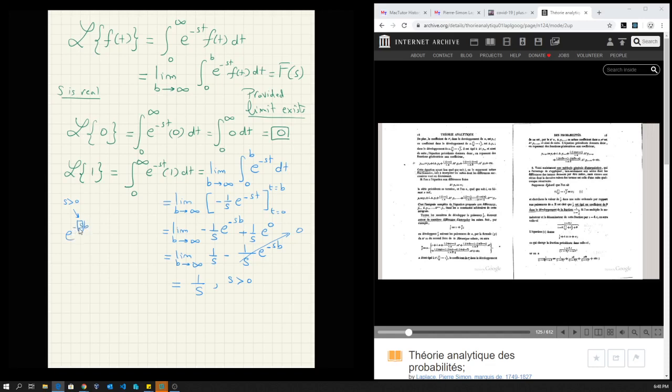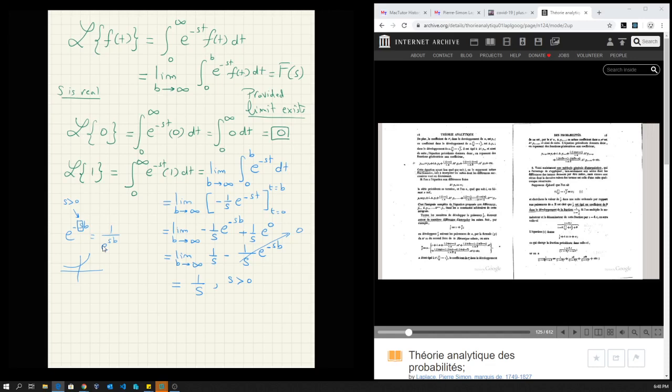And e to the negative infinity is going to go to 0, because you can write this as 1 over e to the sb. So if b goes to infinity and this is positive in front of it, e to the infinity gives you infinity, right? Because the exponential kind of looks like this. And 1 over infinity will go to 0.